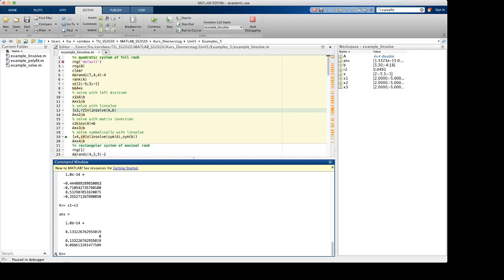Systems of this small size can also be solved symbolically with linsolve. This means that we now pass symbolic arguments to the function linsolve.